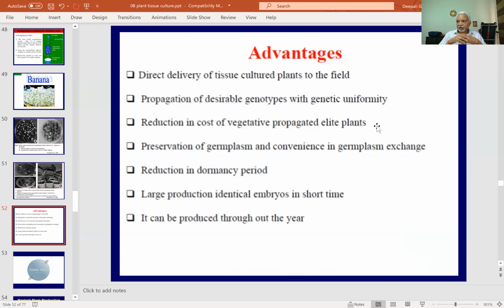That problem is not there, and you can produce a large number of these seeds in a very short period of time. And it can be produced throughout the year because it is done in the lab. You don't require a particular season where the plant can grow and you can then propagate it. You can keep on producing these seeds all through the year.